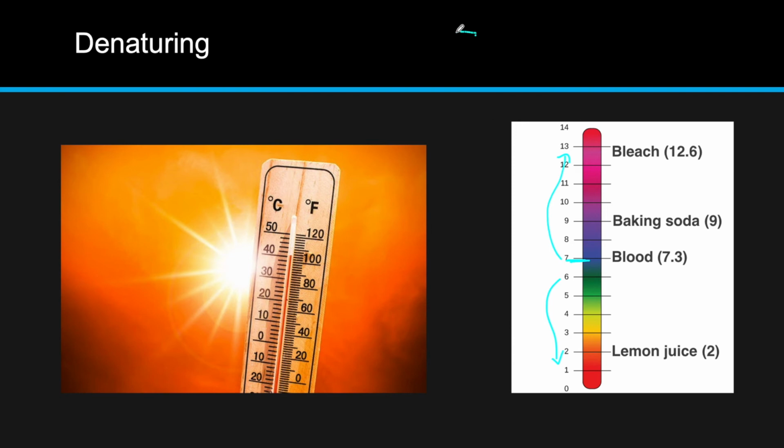So maybe something on the outside is going to want to be there at a pH of 7, but once you reach a pH of 14, it's going to want to go to the inside. Now you had an enzyme that was functioning, but that moving portion of the protein changed it, and now that enzyme no longer functions. So from this, you just have to remember temperature and pH. If temperature gets too high, the protein will denature. If pH gets out of the scale, it'll denature.